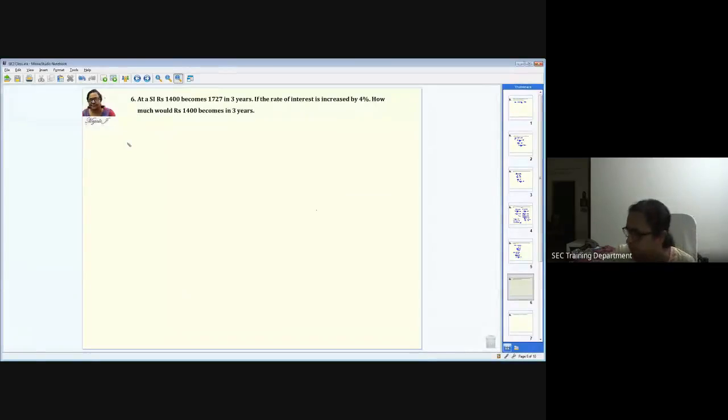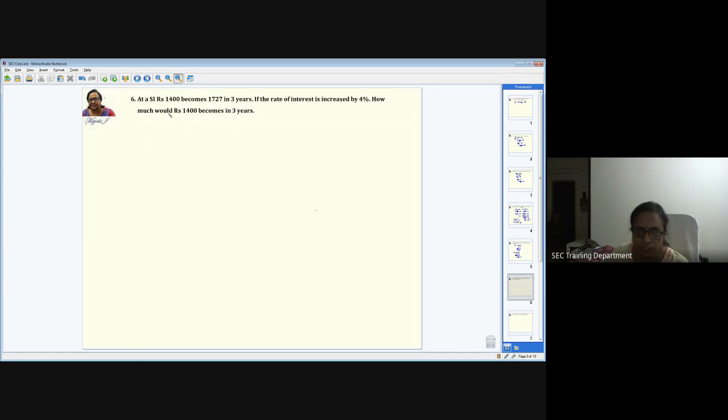So how will you do this? You know that simple interest for every year is going to be the same. If it is compound interest, it will change. But for simple interest, every year the interest is going to be the same. So what you can do here is calculate for 1 year what is the interest.